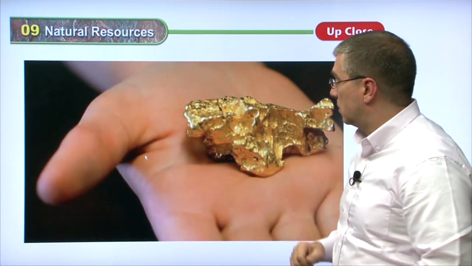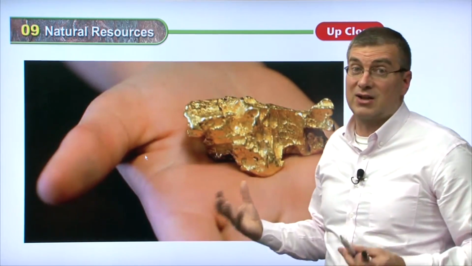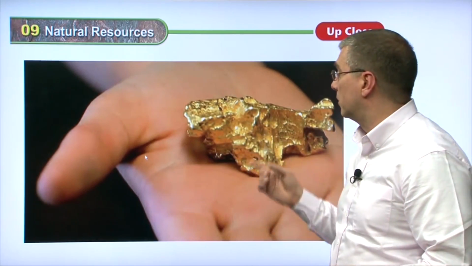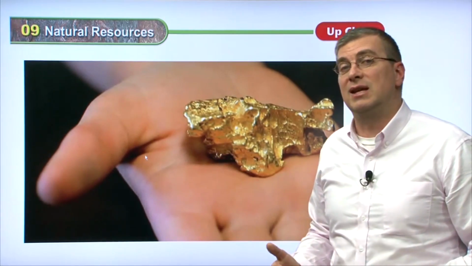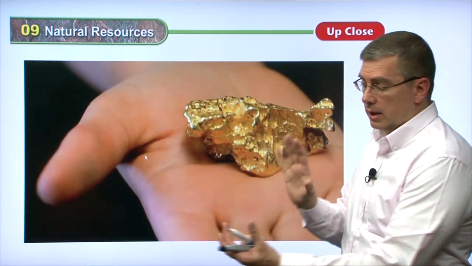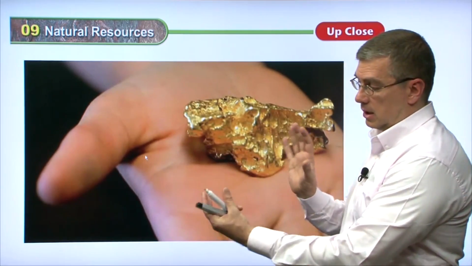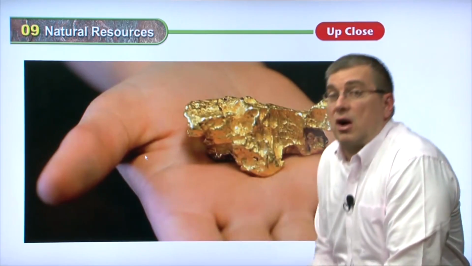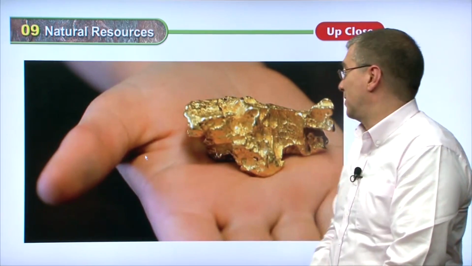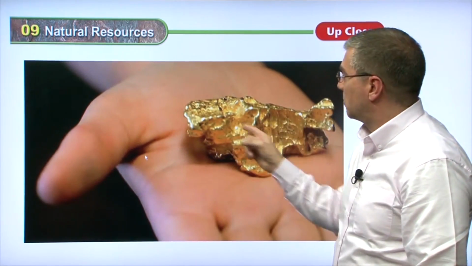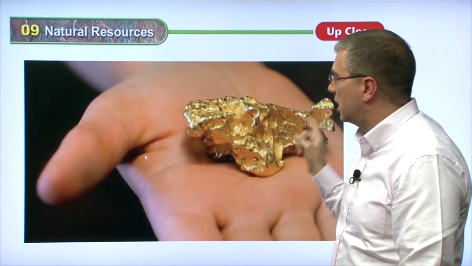That's why it's very expensive. It takes a lot of money to buy gold. By the way, gold is very heavy too. If you had a gold bar, just a gold bar like this, just this size, that would be very, very heavy to carry around. So this person, they have a small nugget or a small chunk of gold.